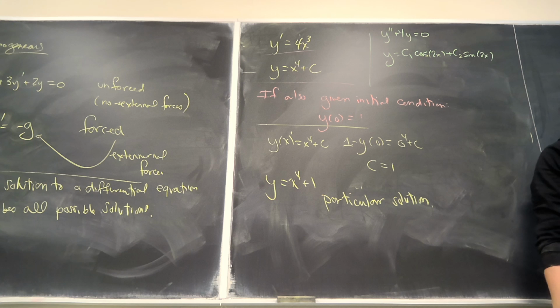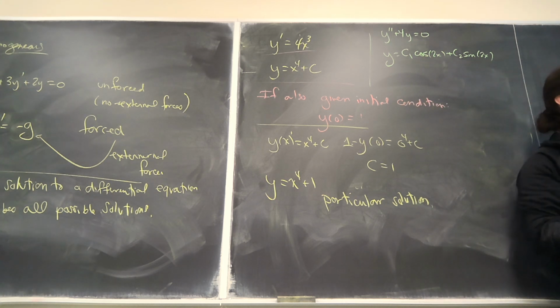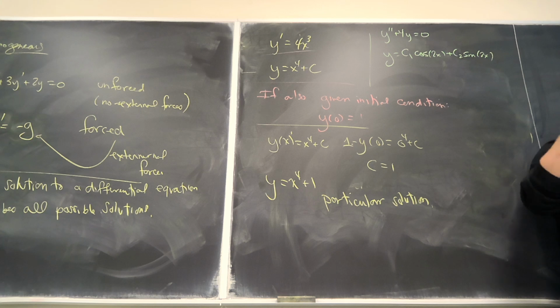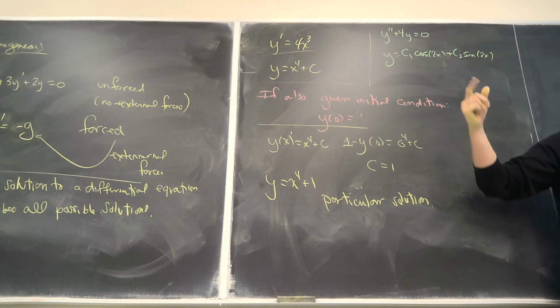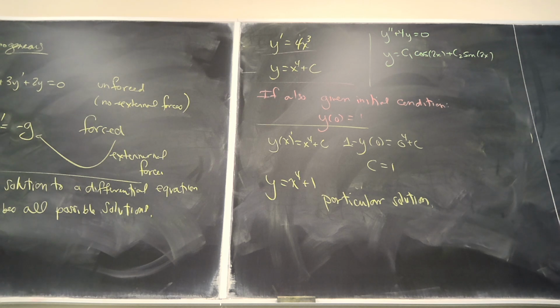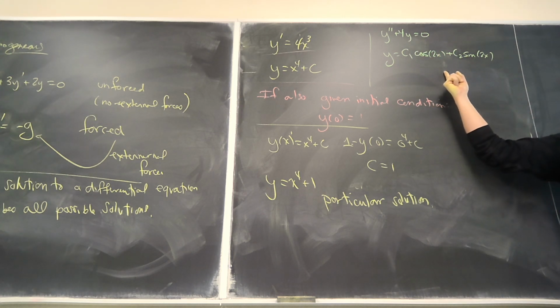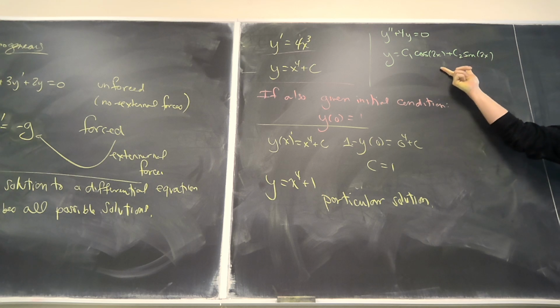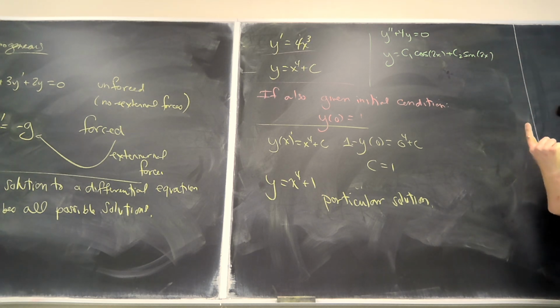All of them. And you could tell me c1 and c2 if I gave you two additional pieces of information, initial position and initial velocity, for example. I could tell you what c1 and c2 were. But I'm making a big claim when I say that. Every possible solution to that differential equation looks like one of these. Not just that these all solve the equation, but any other solution must be of that form.